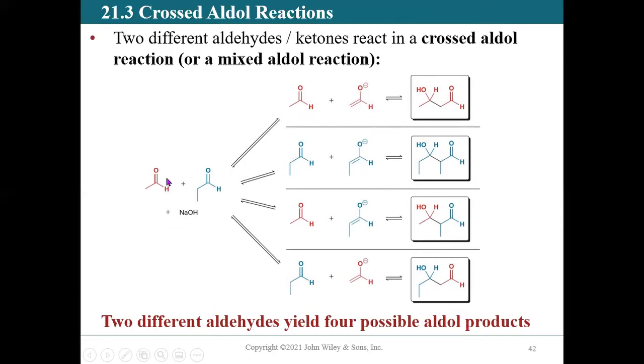We can have acetaldehyde with acetaldehyde go through the aldol reaction, or we can have the second aldehyde go through the aldol reaction, or we can have the mix of these two aldehydes, depending on which one we use as the enolate. So this is using this one as the enolate, and the last one is using that one as the enolate.